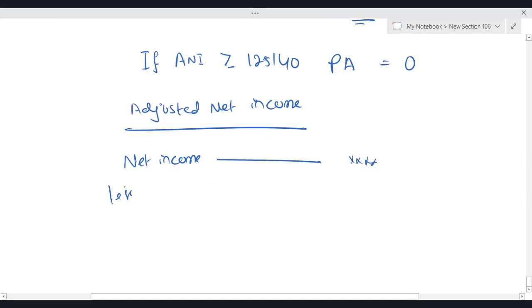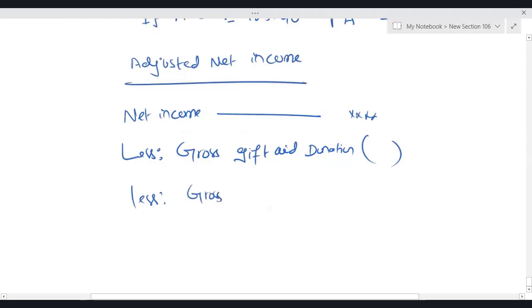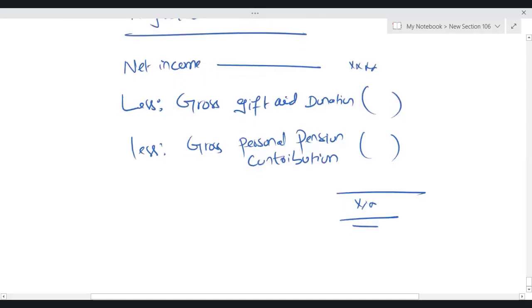Simply, you need to deduct the gross gift aid donation. We'll see how it works. Less gross PPC, gross personal pension contribution. The final answer is ANI.